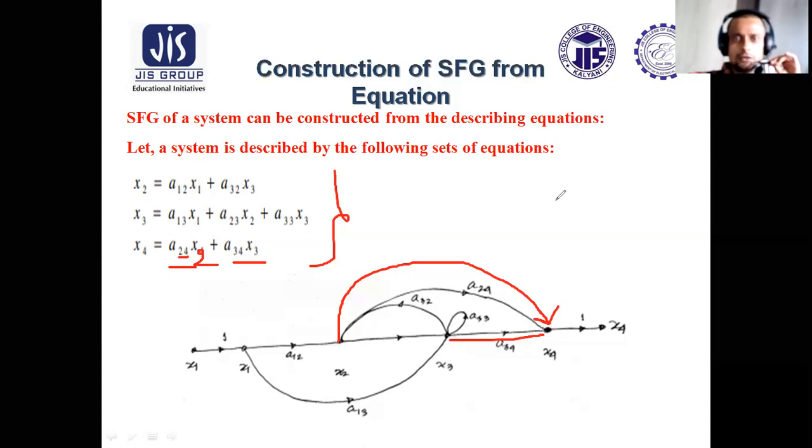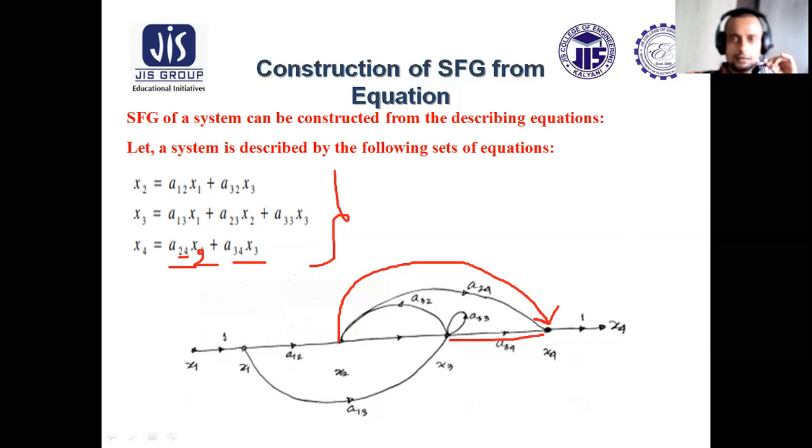And later we discussed a few examples that validate the concept of nodes, loops, loop gains, forward path gains. And lastly, we discussed how to get a signal flow graph from the governing equation. So any system may be represented by system equations, mathematical equations. From that mathematical equation, how to get SFG, aiming towards determination of the overall transfer function.